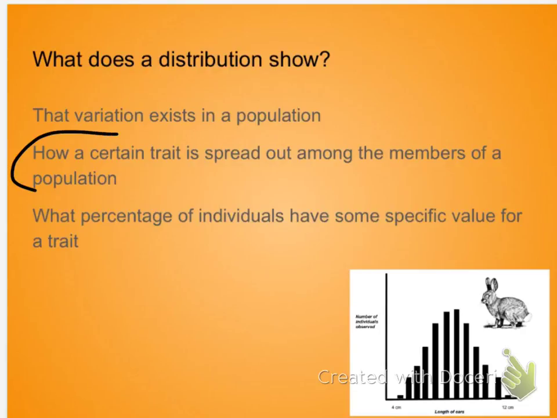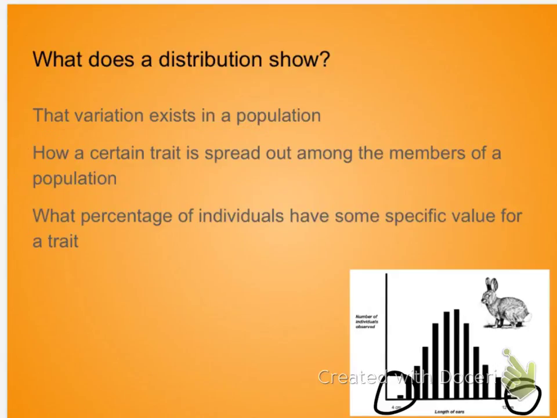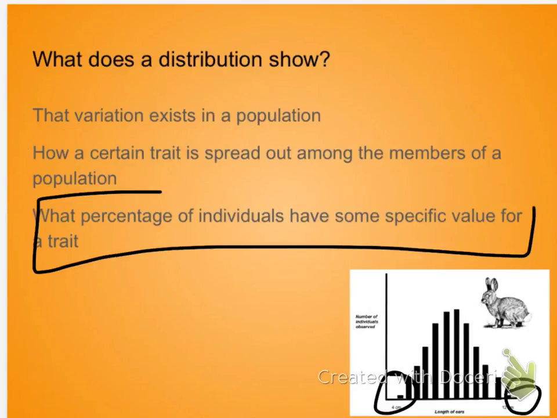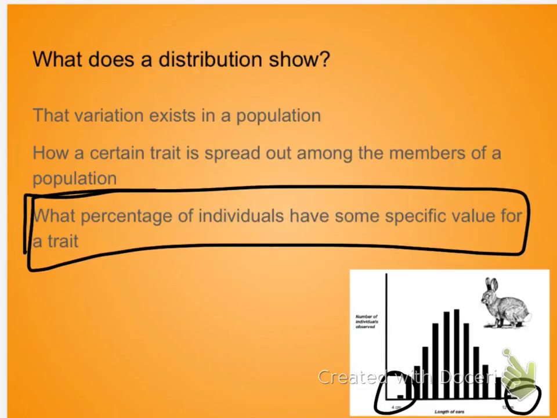Distributions also show us how a trait is spread out among all the members of the population. Oh, look, very few rabbits have 12 centimeter ears and very few rabbits have 4 centimeter ears. We can look at what percentage of individuals have some particular value for some particular trait.